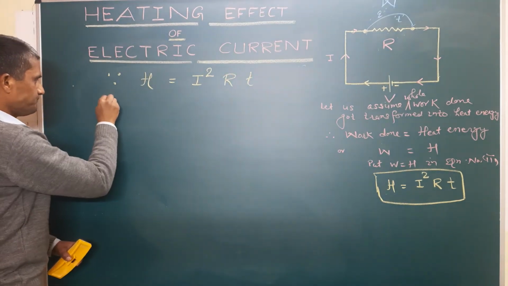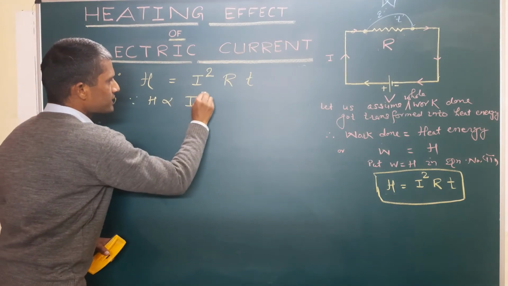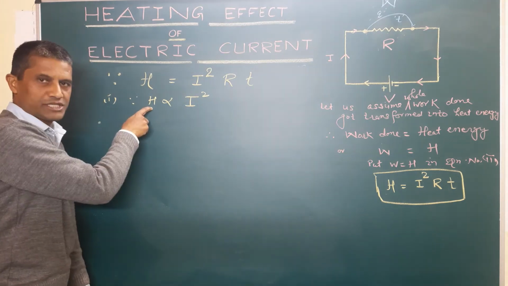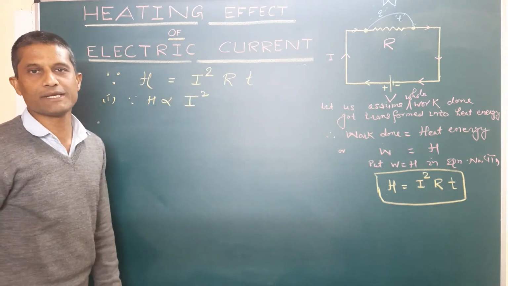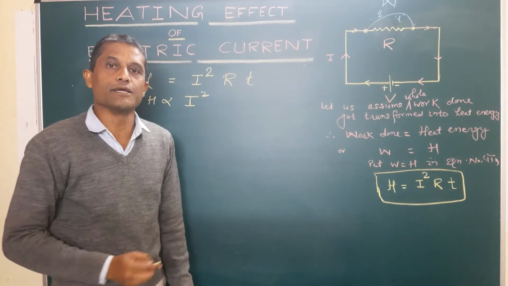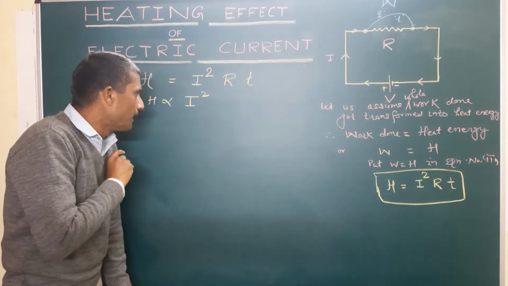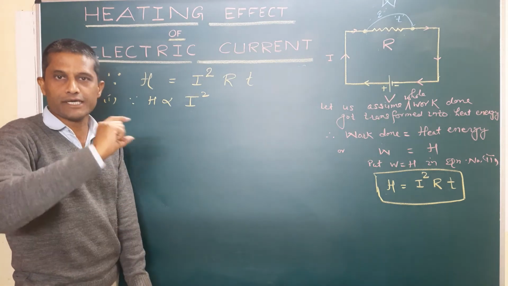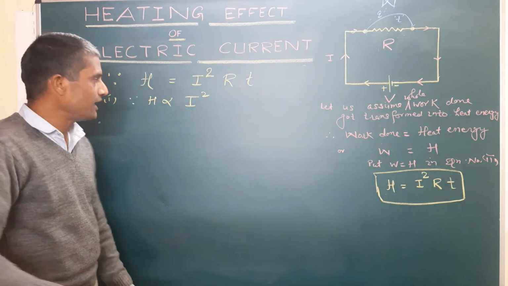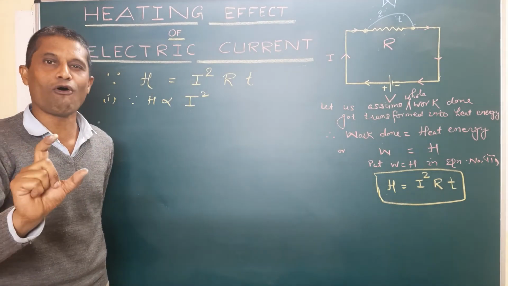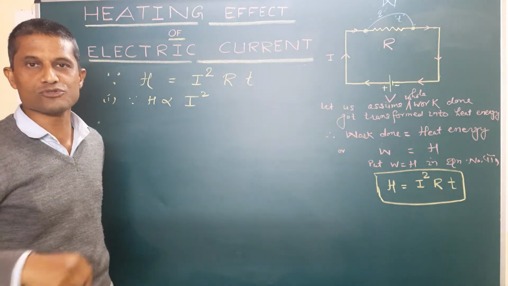What does it mean? Conclusion number one: since H is directly proportional to I square, heat produced in a conductor is directly proportional to the square of the electric current flowing through it. If the current flowing through the conductor is doubled, then the heat production is going to be 4 times. Why? 2 square is equal to 4, a direct jump.